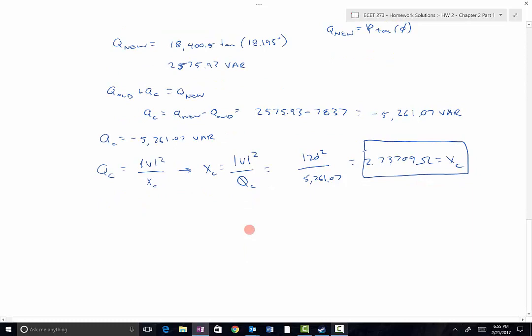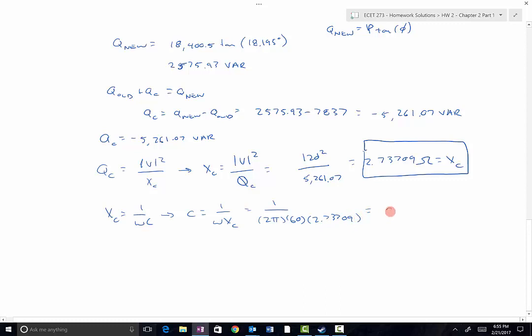To convert that over into farads, I need to use the fact that X sub C is equal to 1 over omega times the capacitance, which says that capacitance is equal to 1 over omega times X sub C. So that's going to be equal to 1 over 2 pi times 60 hertz times 2.73709 ohms.